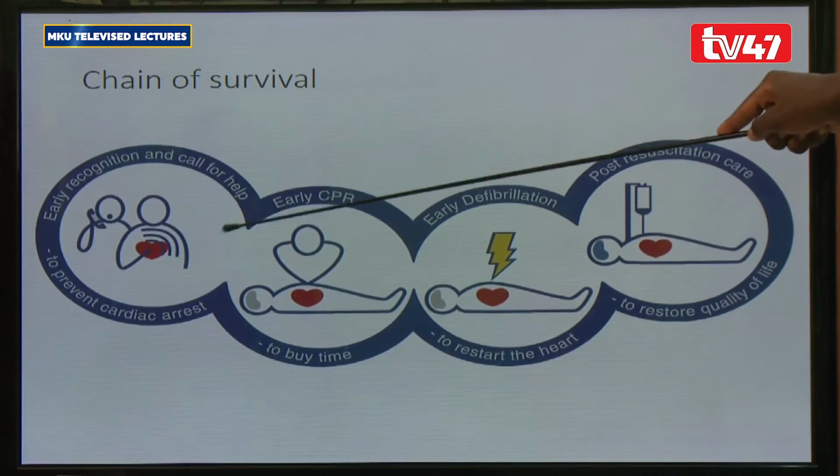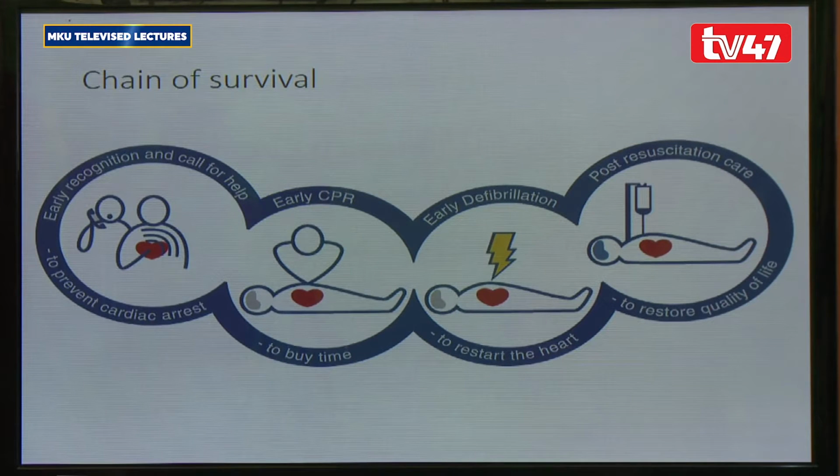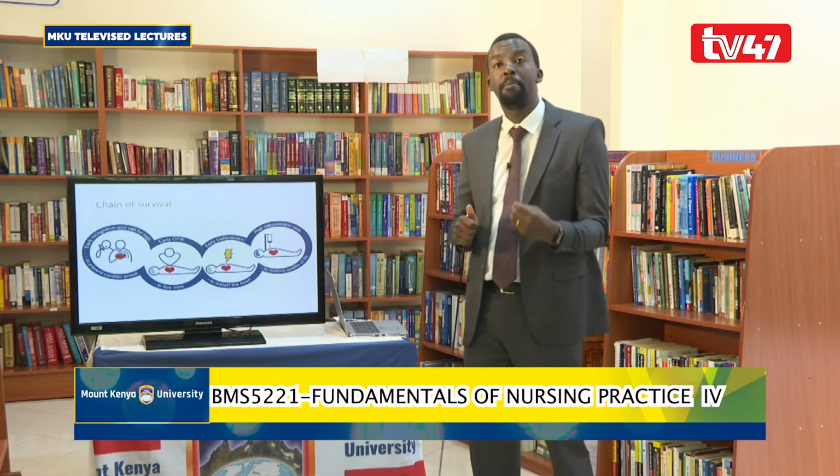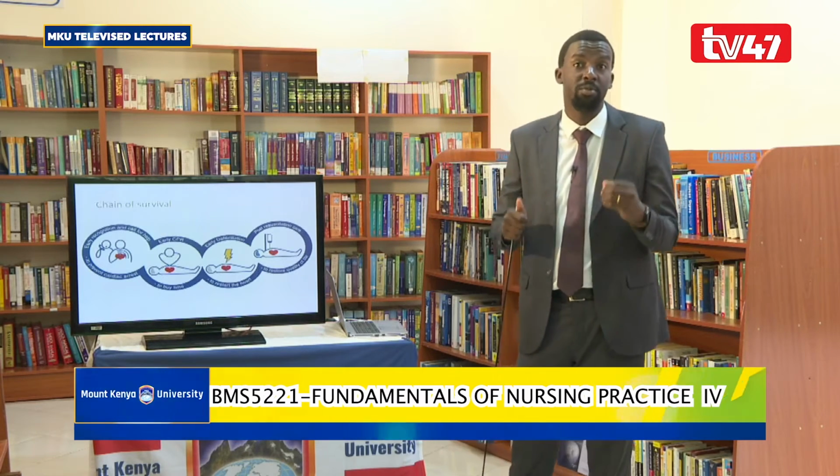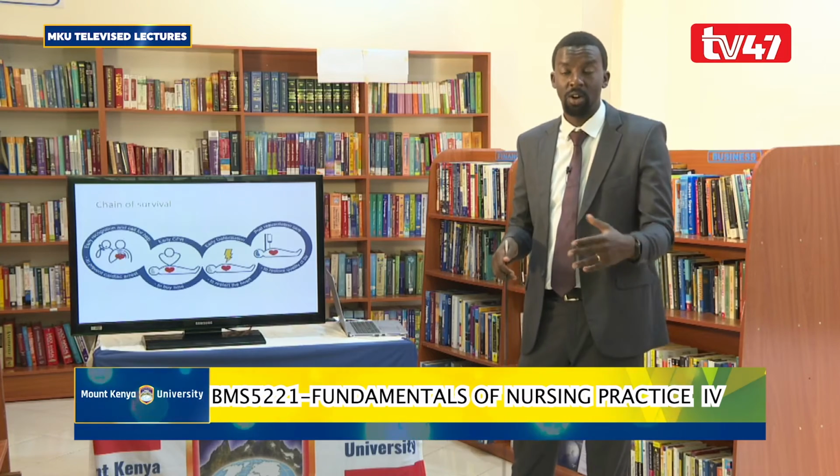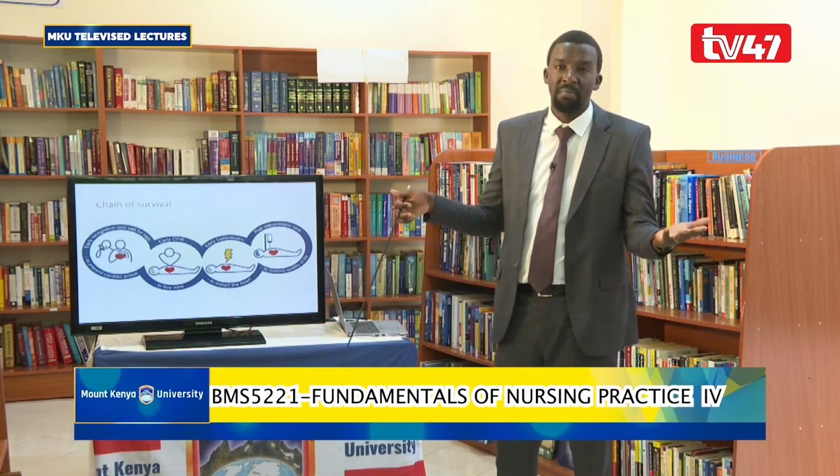Early recognition of danger signs, and are you able to call for assistance, call for help, people to assist you with this, right? So you focus on who can best assist you. The most probable person is the person nearest to the site of the accident or the site of an emergency.